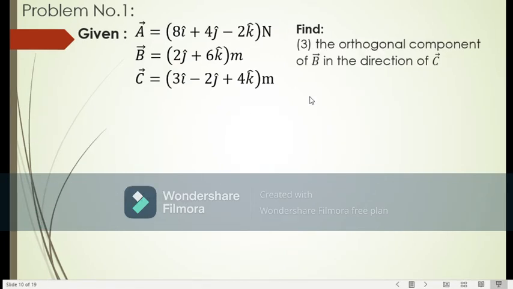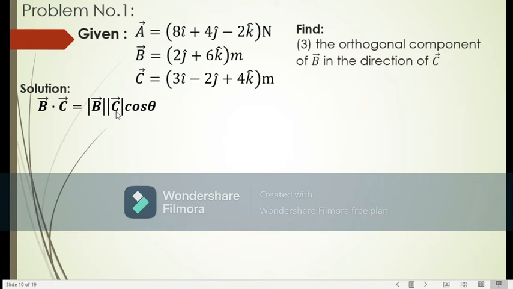For the last unknown, we need to find the orthogonal component of vector B in the direction of C. So the vectors involved are B and C. Therefore, we will use the formula for the dot product of B and C: B dot C is equal to the magnitude of B multiplied by the magnitude of C times cosine theta.